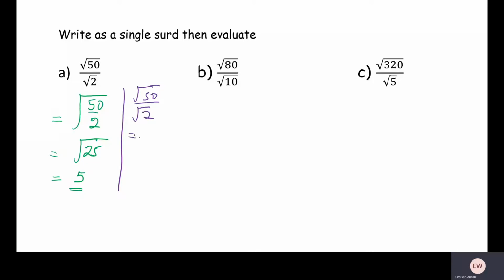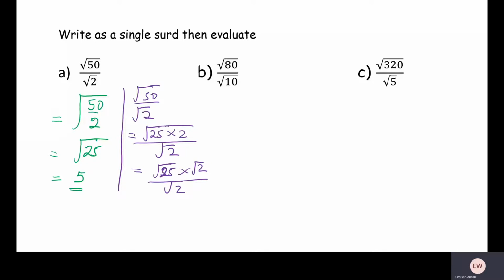We are going to write this as root 25 times 2, all over root 2. When we look at the numerator, if we apply the rule for multiplication, this can be written as root 25 times root 2, all over root 2.